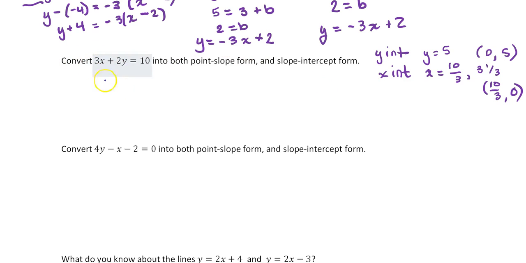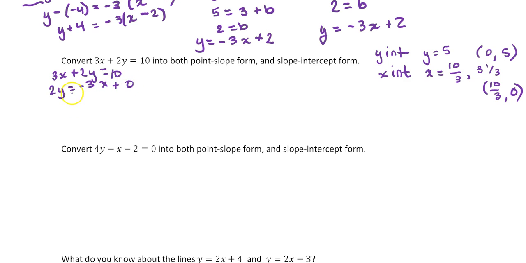So actually let's go ahead and do the slope intercept form first, because it lends itself to this. So I have my 3x plus 2y equals 10, and then I'm going to subtract my 3x to the other side, so I've got 2y equals negative 3x plus 10.